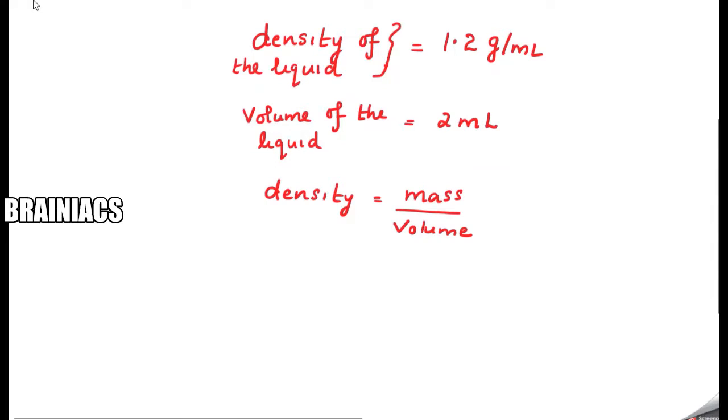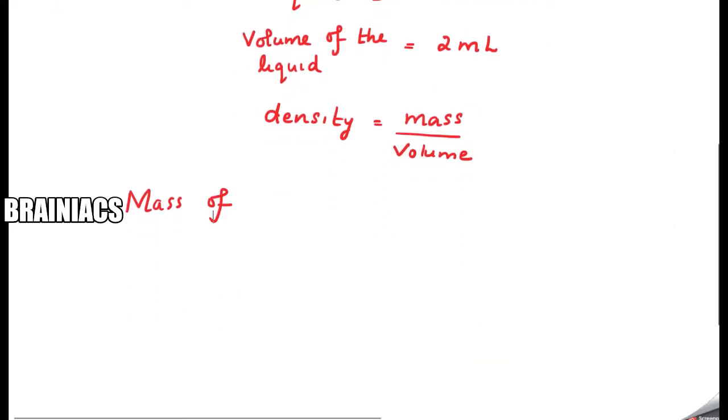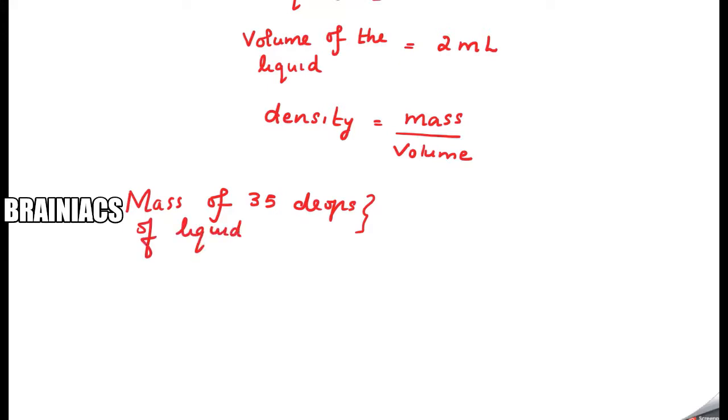So I can say mass of 35 drops of liquid is equal to volume into density.